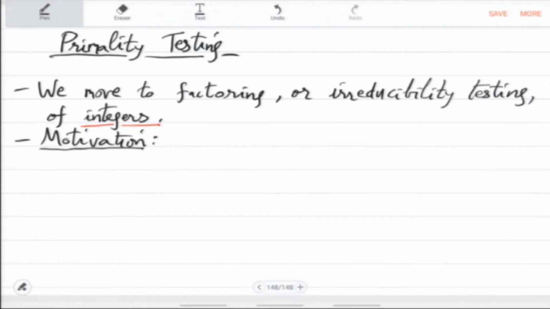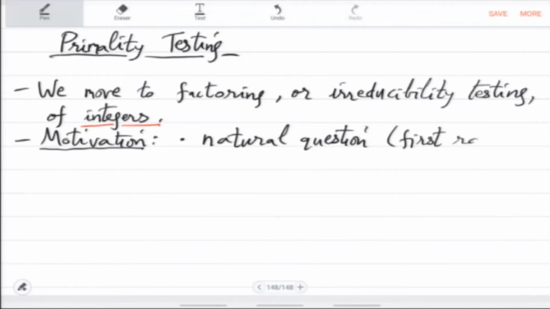So this is a very natural question, first of all. Probably first raised by Gauss, formally. Okay, whether you can test numbers for primality and then factor.